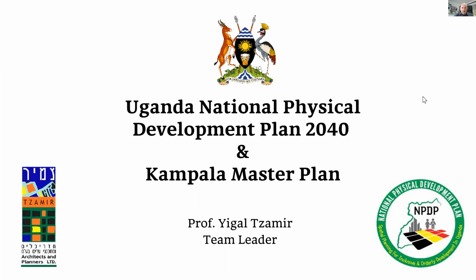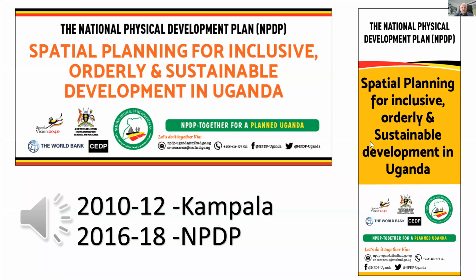From 2010 to 2012, we prepared the Kampala Master Plan. From 2016 to 2018, the NPDP, the National Physical Development Plan of Uganda, and then from 2018 to 2020, we were engaged in the National Plan of Rwanda.